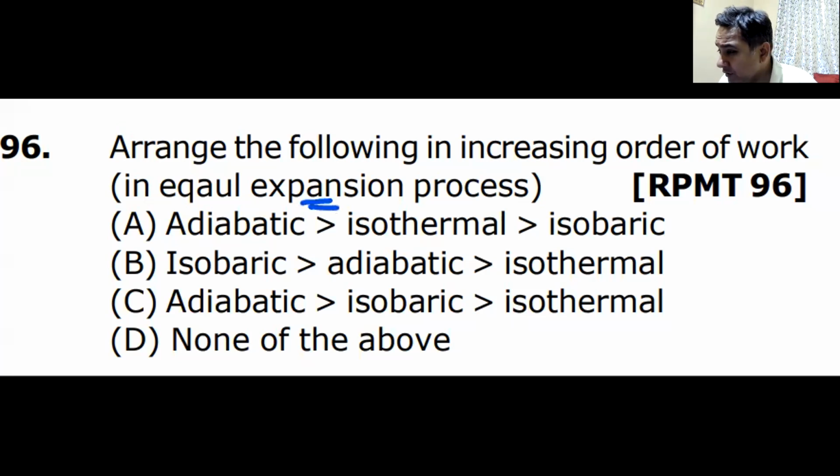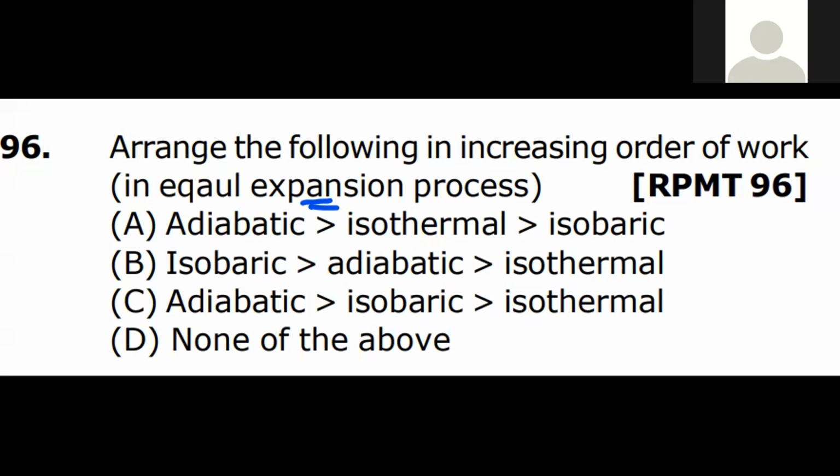As I told you, whatever is required, I have already told you. Now it will come as different sort of questions. Question number 96 is on board. Tell me the answer. Remember, it's expansion, not compression. A, B, C, D, 1, 2, 3, 4.